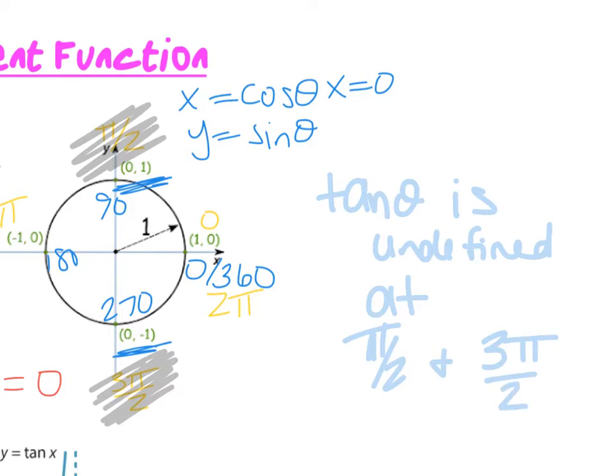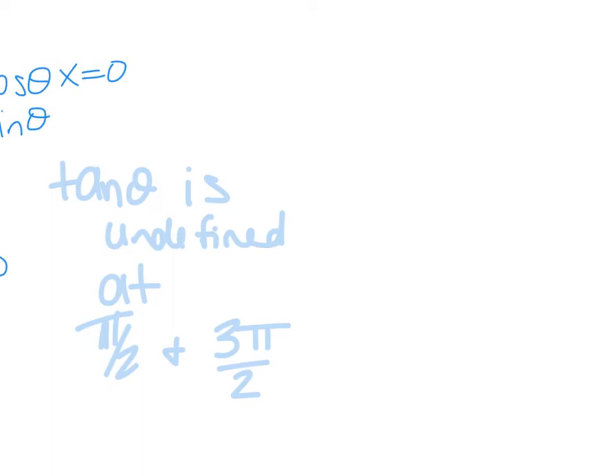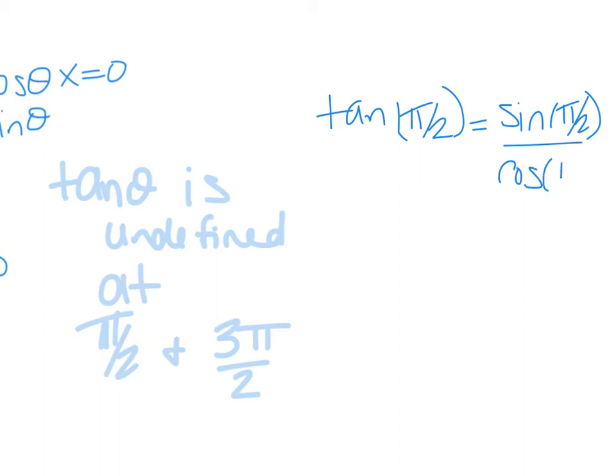Because if you were to do the full thing out, and actually find the value of tangent at pi over 2, it would turn into sine of pi over 2 over cos of pi over 2.